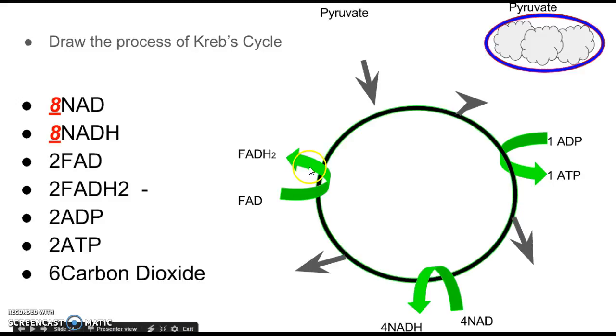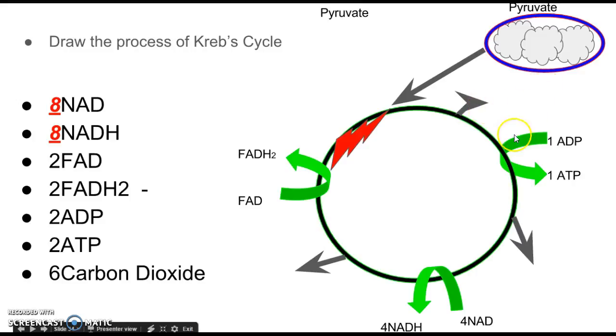This leads us to have it happen all again. Our next pyruvate comes in, and the acetyl coenzyme A grabs it and helps break off the first carbon dioxide, and then we release a carbon dioxide again.